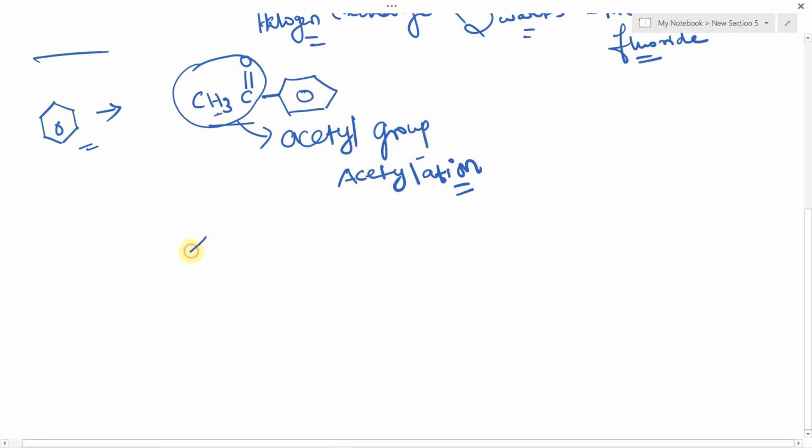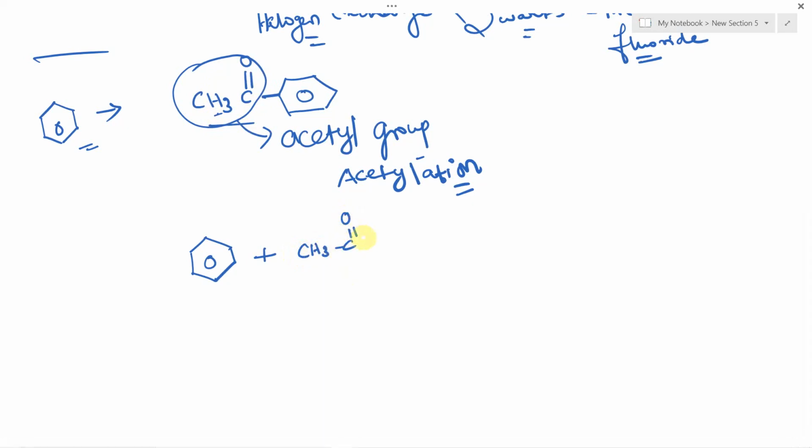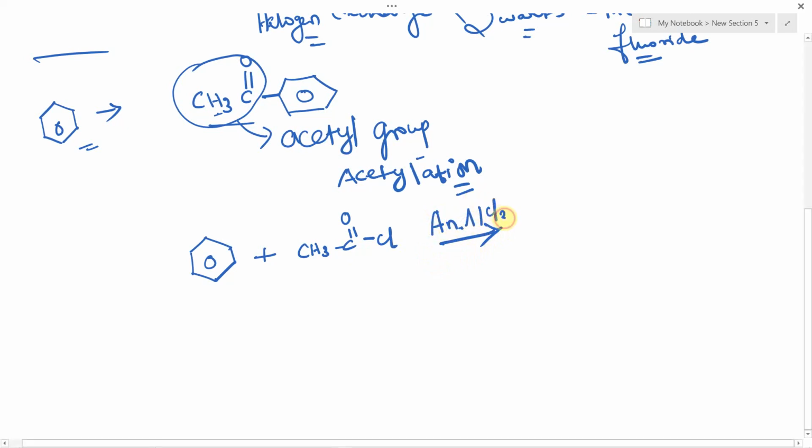Let us take the benzene ring, plus we have to insert this group. So we are going to add acetyl chloride, that is CH3COCl, in the presence of a Lewis acid, that is anhydrous AlCl3, right? What is the role of AlCl3? It is a Lewis acid.